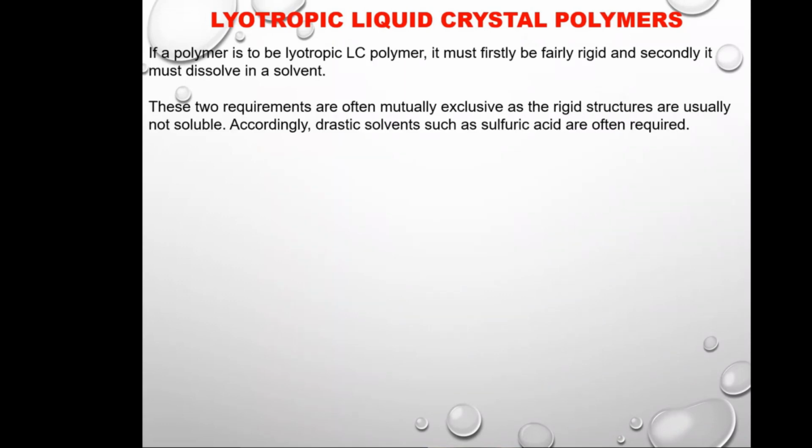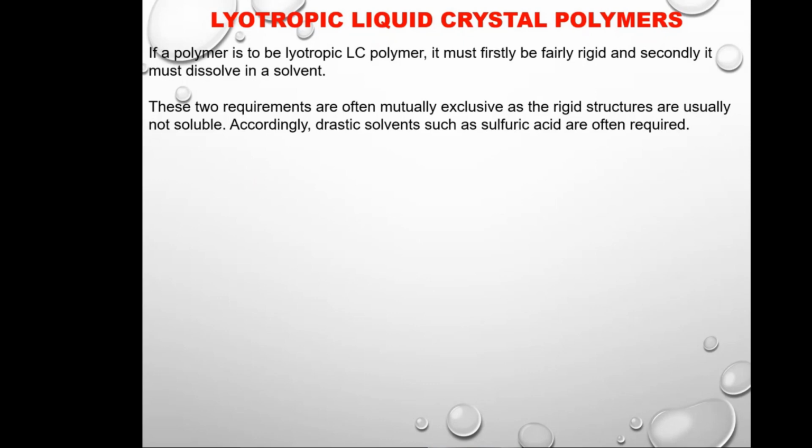Lyotropic liquid crystal polymers are the materials which I wanted to mention, because myself I was really surprised some time ago how they look like and where they can be seen. So if a polymer is to be a lyotropic liquid crystal, it must firstly be fairly rigid, and secondly it must dissolve in a solvent.